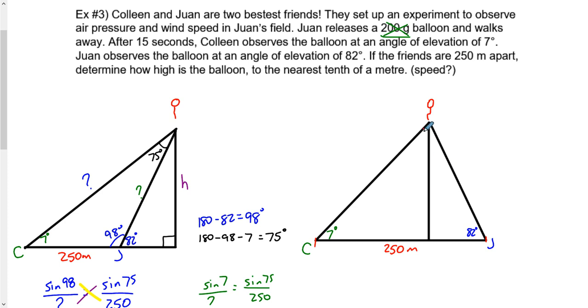For example, we're going to have to calculate what this entire angle is. So we take our 180, subtract 7, subtract 82. Yeah, 91.